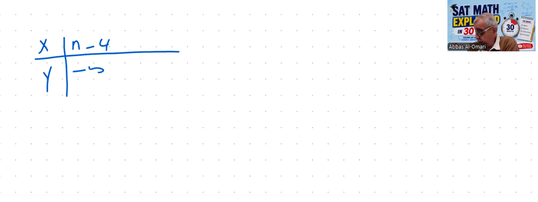And we have x is n and y is 19. So we have 2 points on the straight line, but these are in terms of n.